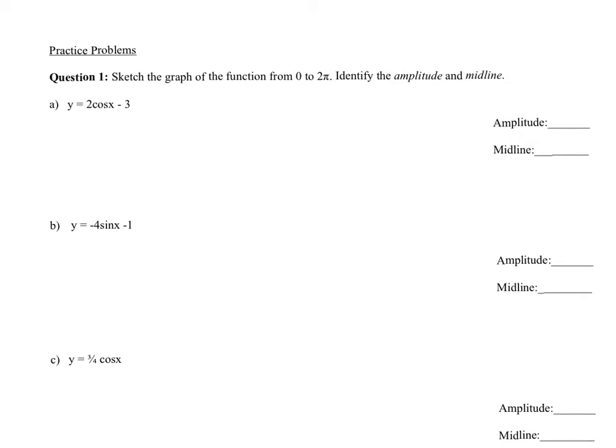So let's review a little bit. When we're talking about a sine graph here, the sine graph to me looks kind of like an S-shape or a snake-shaped curve. So when I graph sine, it starts off at 0 and goes to 2 pi. So let me grab a pen here.